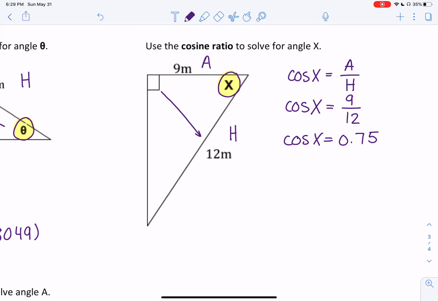In this case, we have cosine of x, so we need to undo that cosine to get x all by itself. We're going to use our cos inverse to undo the cosine. That will give us 41 degrees. So that is our angle value.